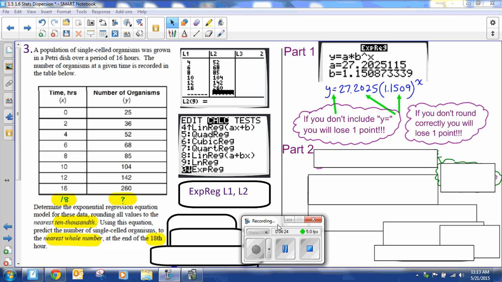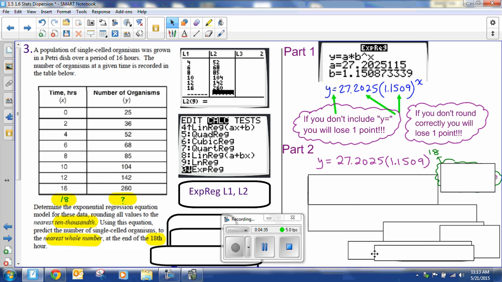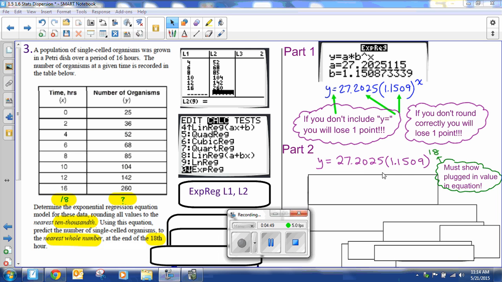Okay? Now, the second part of the question asks, to the nearest whole number, how many single-celled organisms are there after the 18th hour? So basically, you must show the substitution of 18 in for x. If you don't do that, the graders of the Regents won't know how to give you full credit if all you do is answer the question and put down the answer, right?